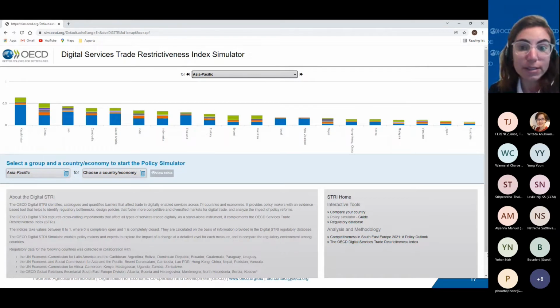Regarding the question on how the performance of Cambodia compares to other countries, we see the situation here of Cambodia, where other countries like Kazakhstan, China, Laos have more restrictive environments. However, there are still wide possibilities of improvement of the result, as there are many other best performing countries in the region.